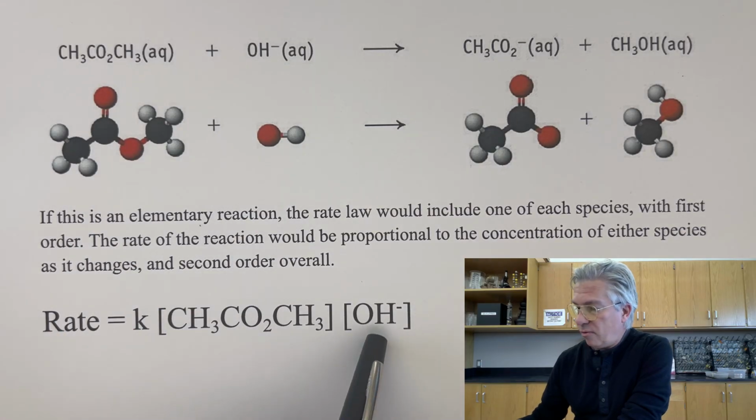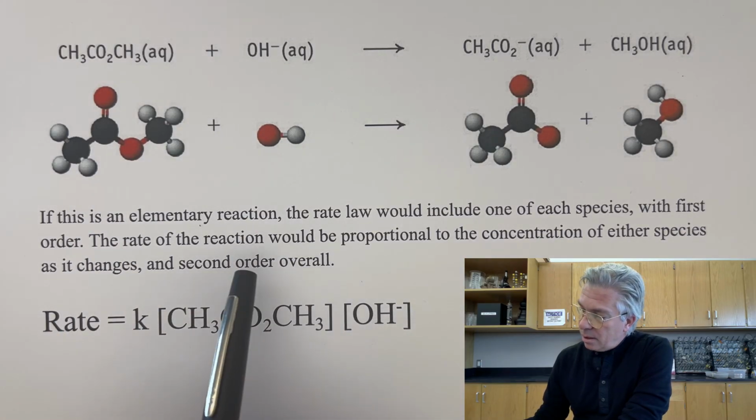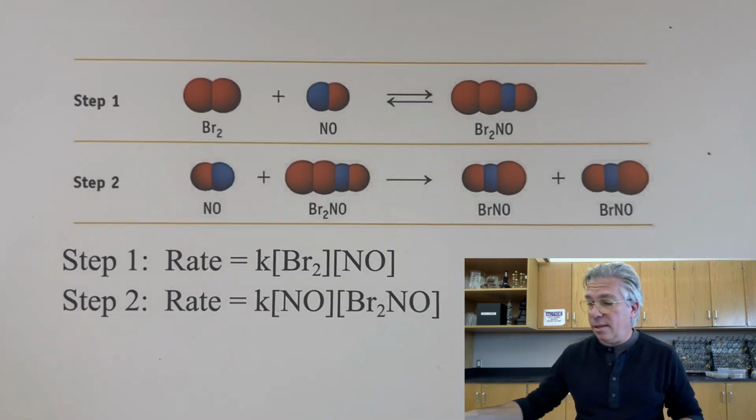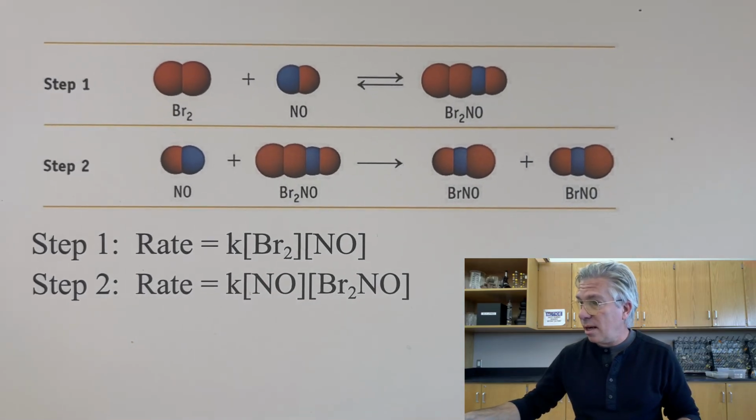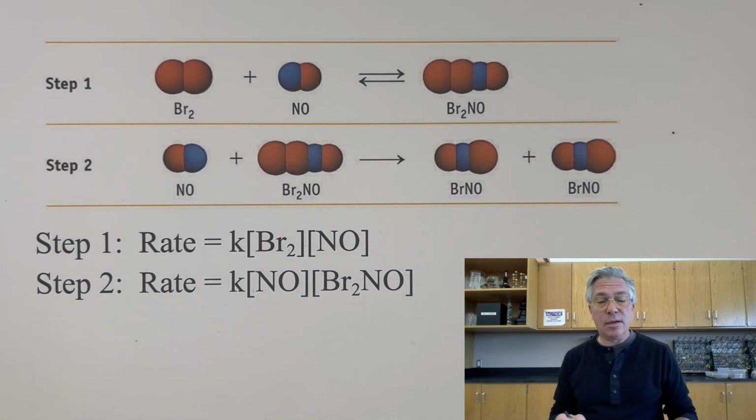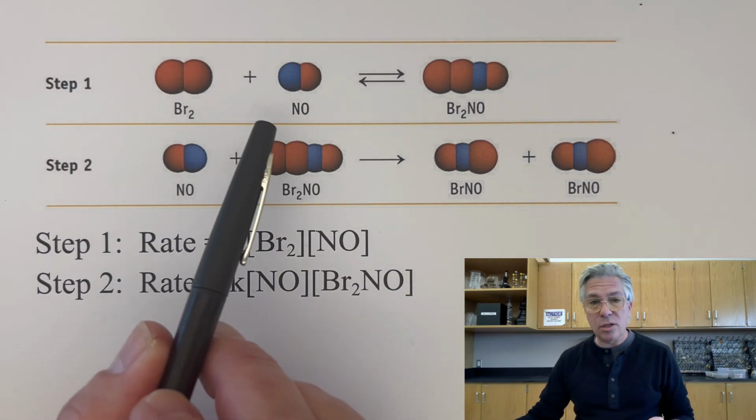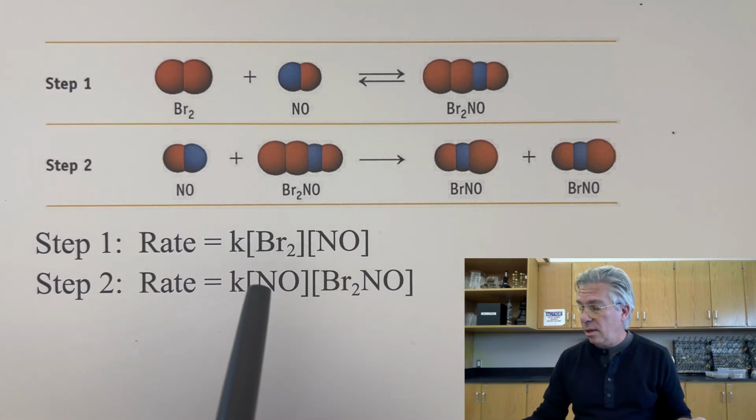And there's one of each, so first order in both. Okay? And that's the big takeaway here. If you know it's elementary and those molecules have to be there to collide with each other, you can write the rate law depending on their stoichiometry. Usually it's a 1-to-1, sometimes it's a 1-to-2 ratio, and so on.